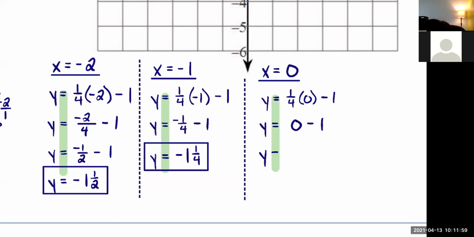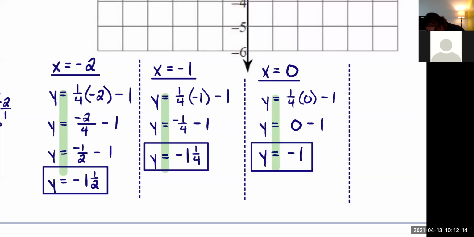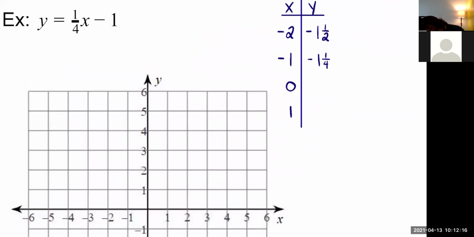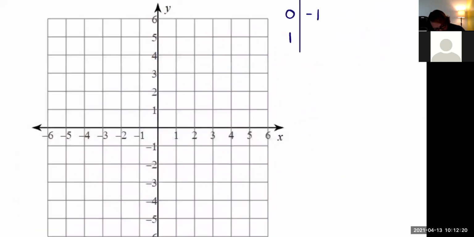And then 0 minus 1 leaves me with a -1. So slide up to my table real quick. 0 is paired with a -1.